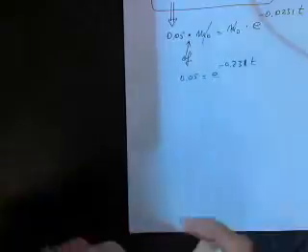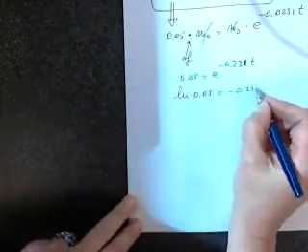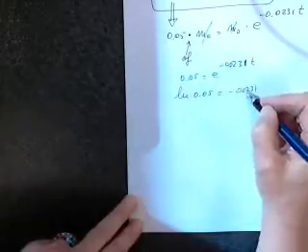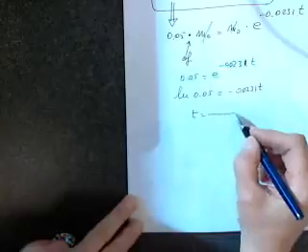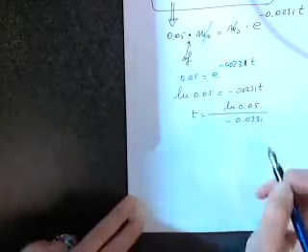And now this is ready for natural log. So then t equals natural log 0.05 divided by negative 0.0231.